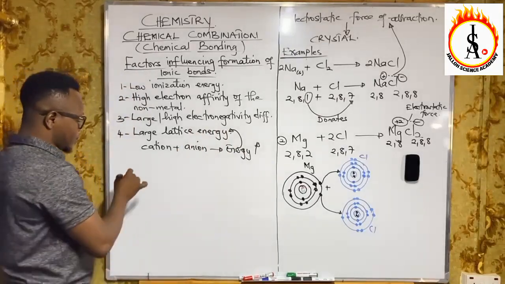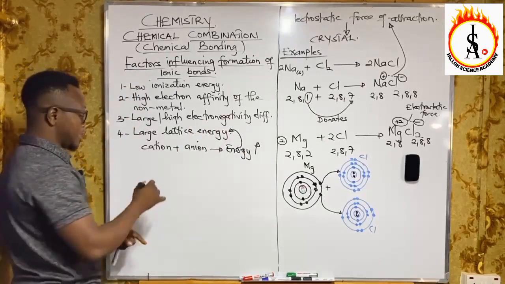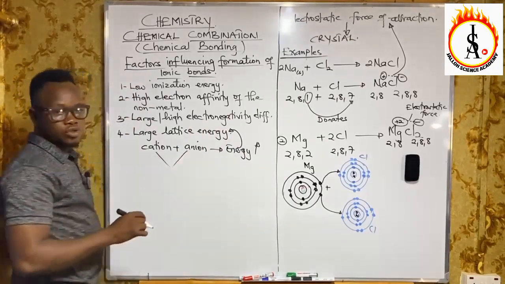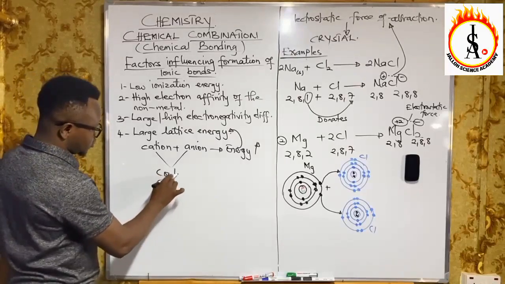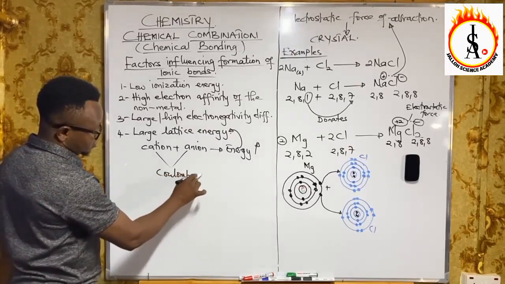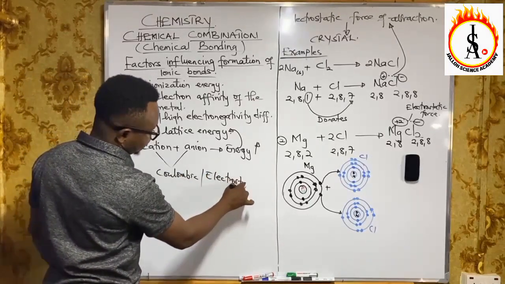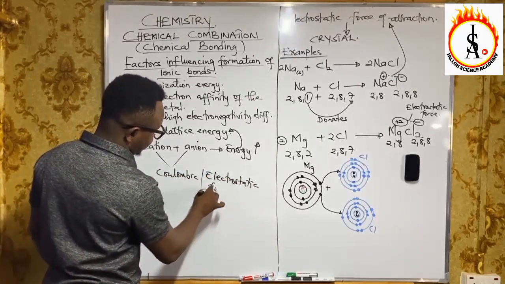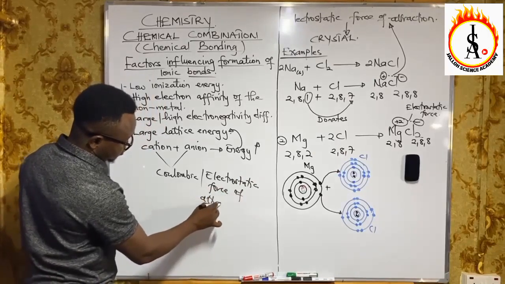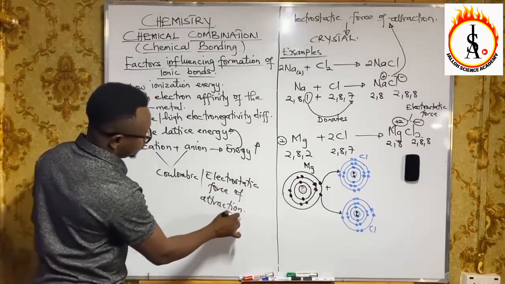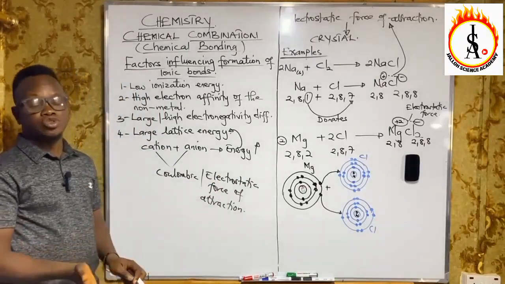Of course, when a cation and an anion come closer to each other, they are pulled towards each other by a strong Coulombic force, or we call it an electrostatic force of attraction, which binds them as a single unit.